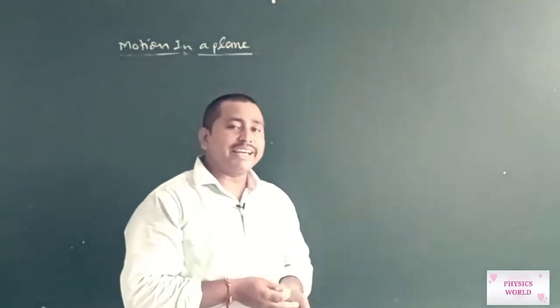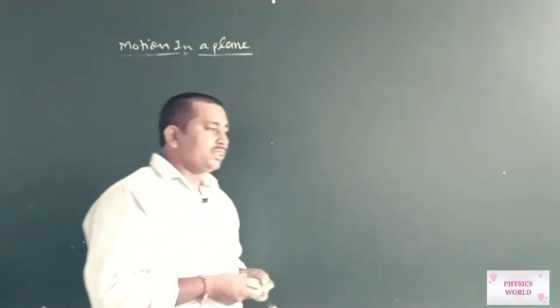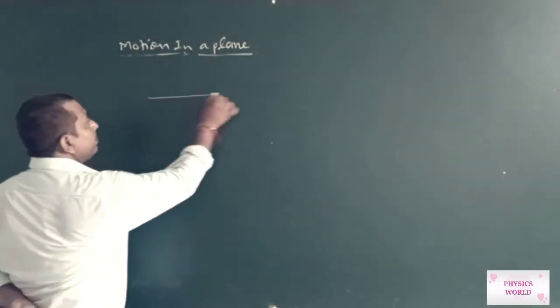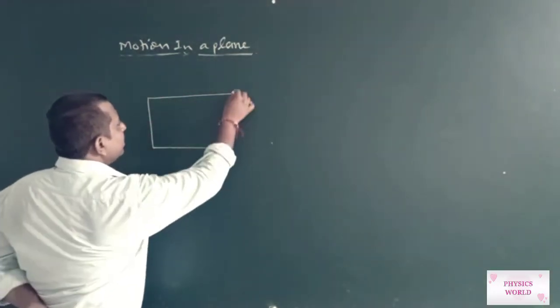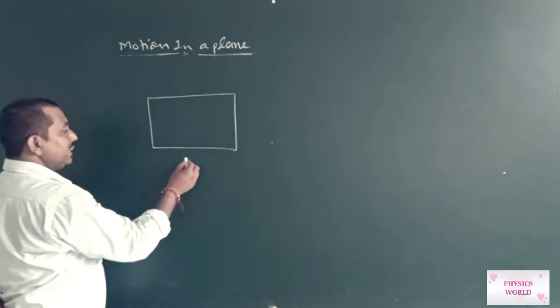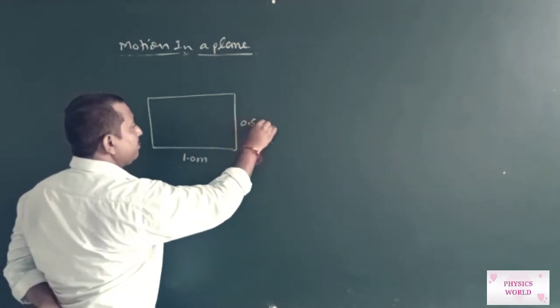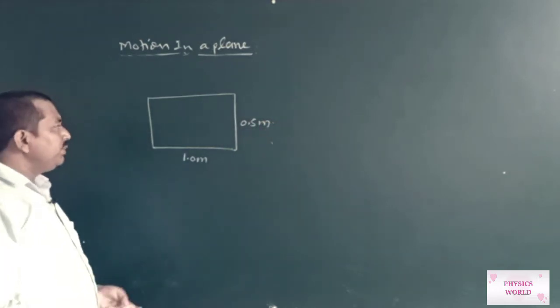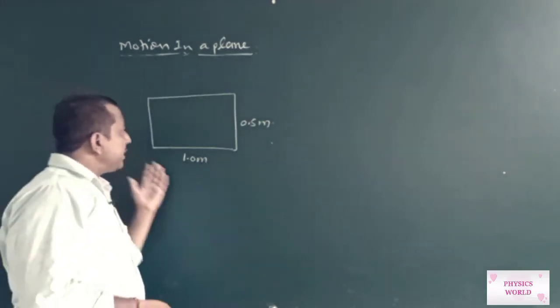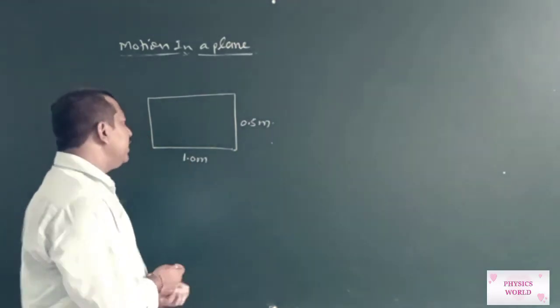If we talk more about scalars, suppose we take a rectangular field of length 1.0 meter and width 0.5 meter. If we want to calculate the perimeter of this rectangular field, then what will the perimeter be?